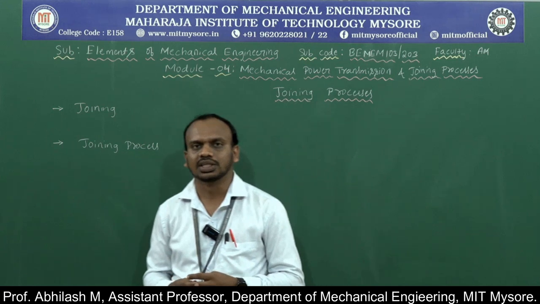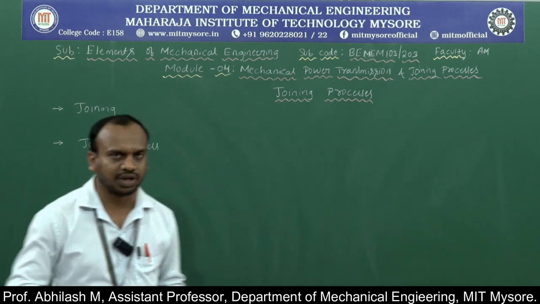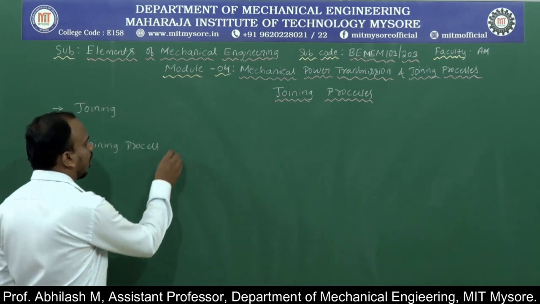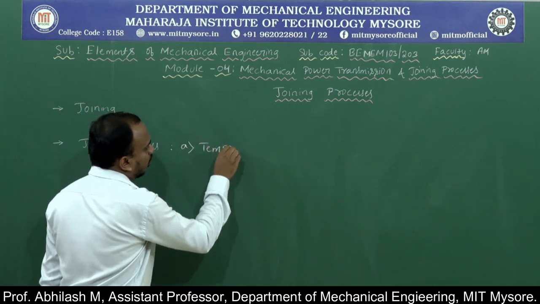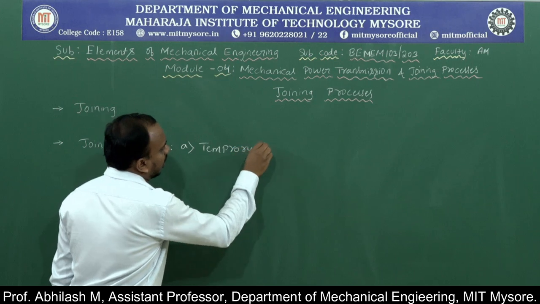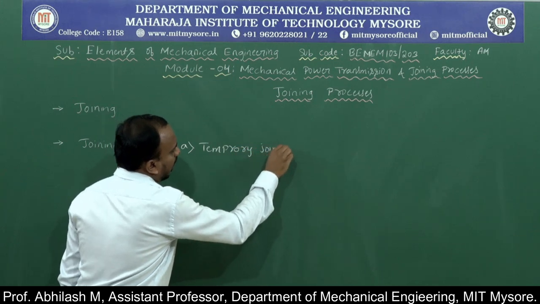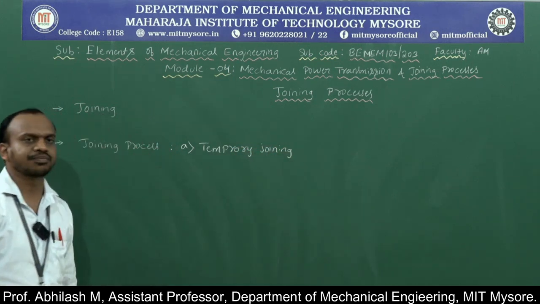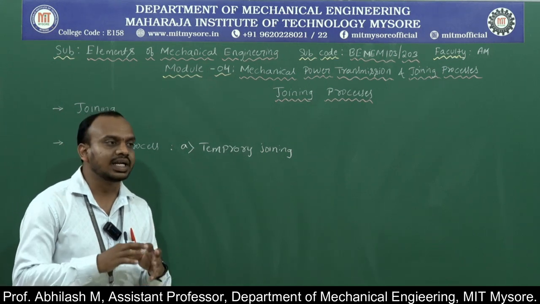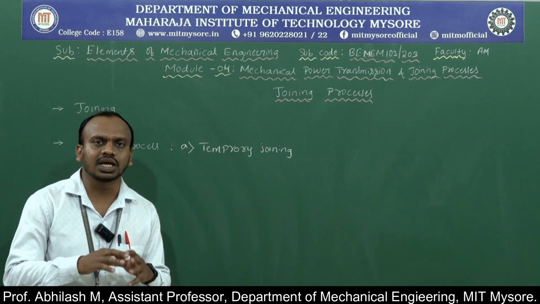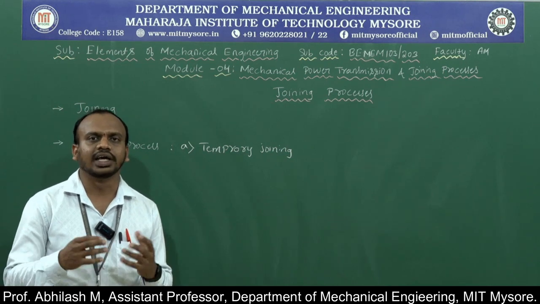Under joining process, we have two broad classifications. The first one is called temporary joining. Under temporary joining, the components that are joined can be dismantled or removed whenever required.